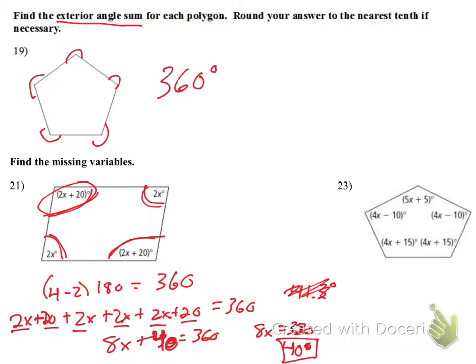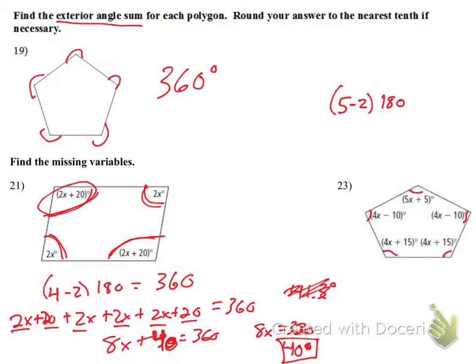And then on this one, again, same thing. We know that there's 1, 2, 3, 4, 5. There's 5 angles. So I'm going to work up here, but 5 minus 2 times 180. That'd be 3 times 180, which would be 540, I believe.